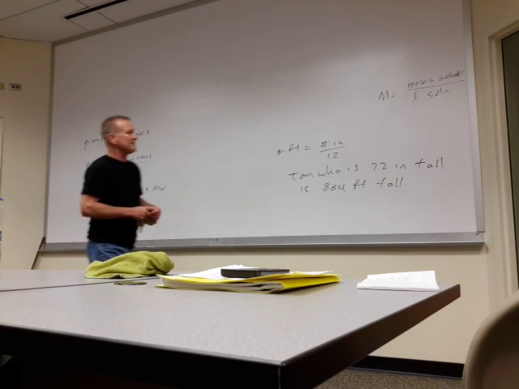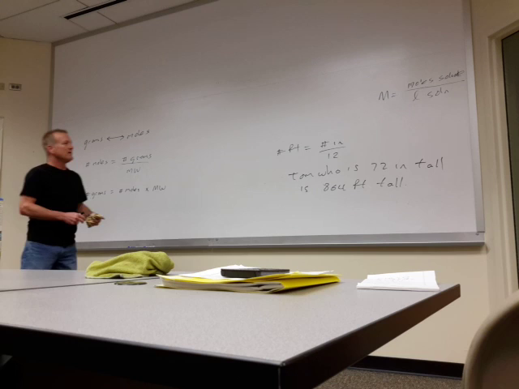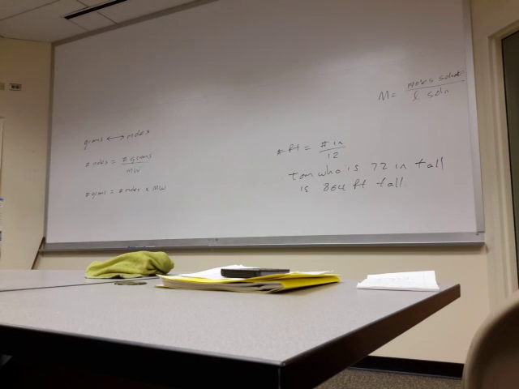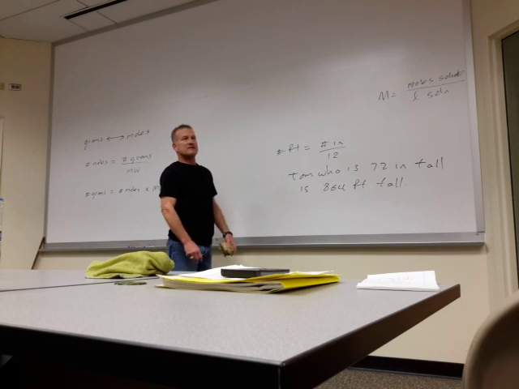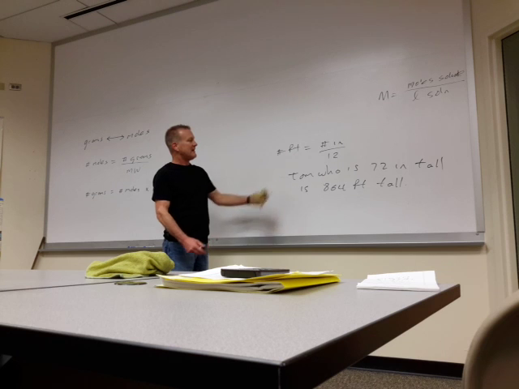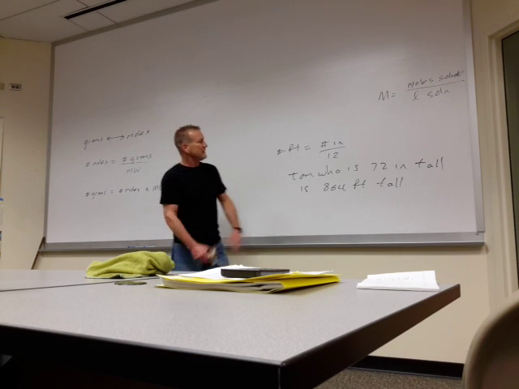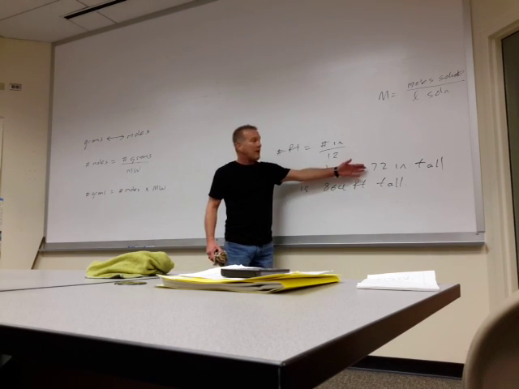Now, none of you would do that because you probably all grew up with feet and inches. But if you'd never heard of feet and inches and just came to the United States, you might do this. And you might not even catch it as a ridiculous answer. Who could be 864 feet tall? Clearly what the person did is they multiplied 72 times 12 instead of 72 divided by 12.